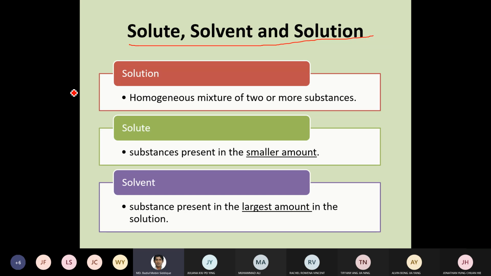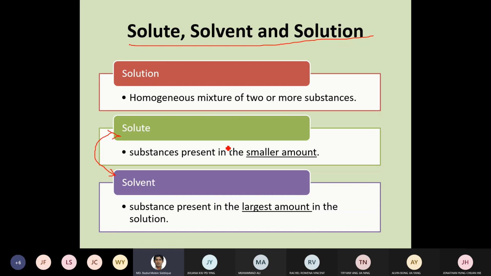discussion. The solution is the mixture of all those things that we know. It is very convenient for us, and many students I have seen before are okay with solution. But with solute and solvent, mostly they get confused. Solute is the matter present in the smallest quantity that will be dissolved in a bigger amount of another thing.